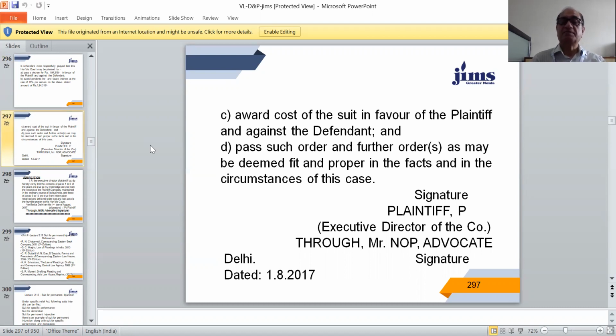He will also sign this plaint. The place of signing this plaint will be mentioned as Delhi, and the date of signature is also to be mentioned. The date of signing the plaint is 1st August 2017.